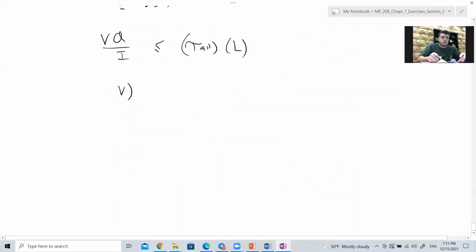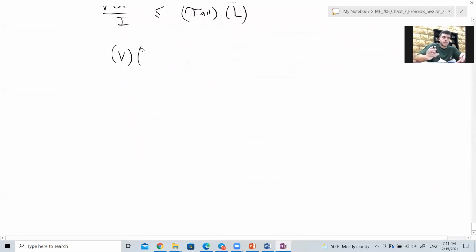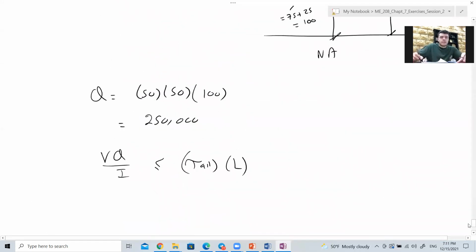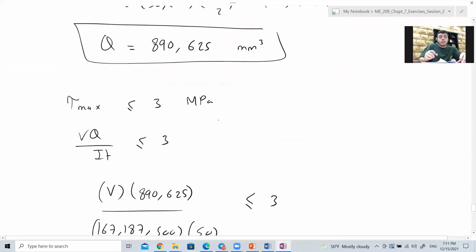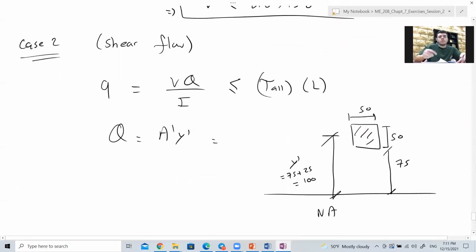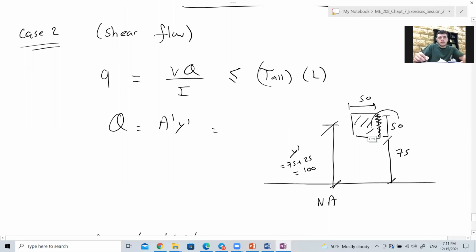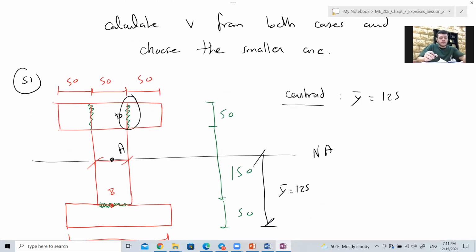The I we found is 167,187,500, less than or equal to tau allowable of the glue this time, which is 1.5, times the length where you put the glue, which in this case is 50. It is this one, the length of the glue, which is 50.